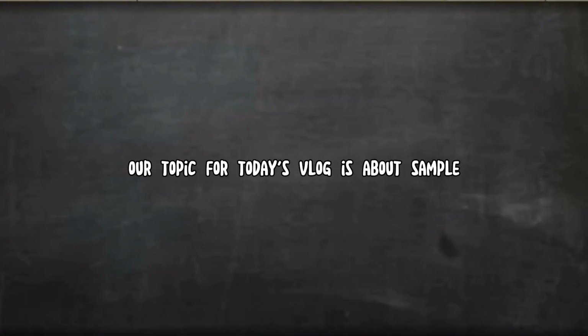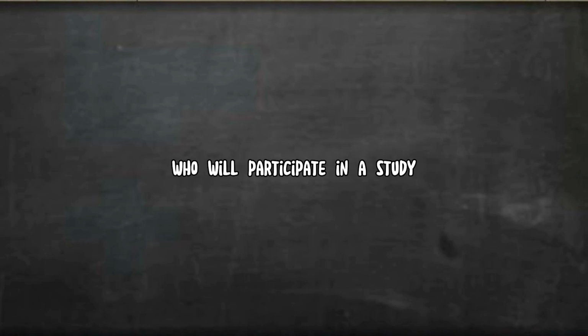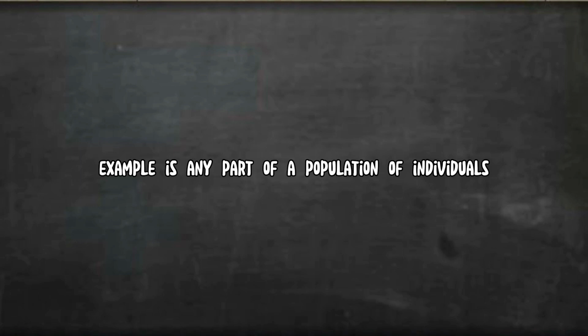Hi learners! Our topic for today's vlog is about sample and sampling techniques. In research, sampling refers to the process of selecting individuals who will participate in a study. A sample is any part of a population of individuals on whom information is obtained.